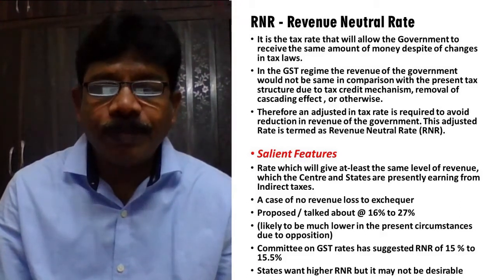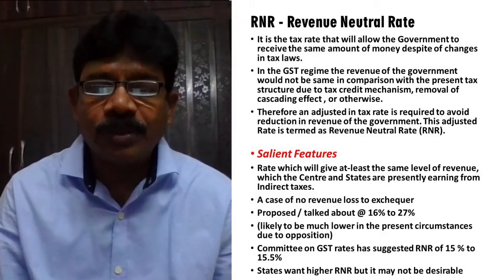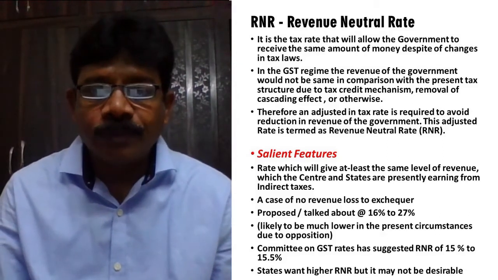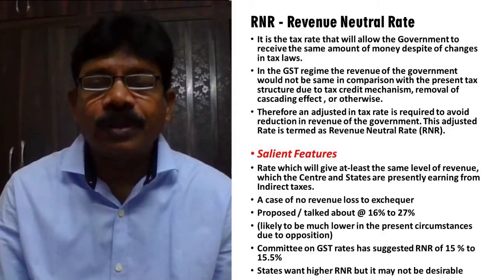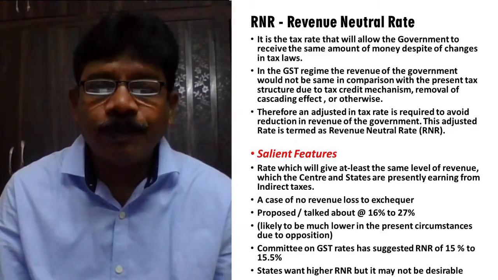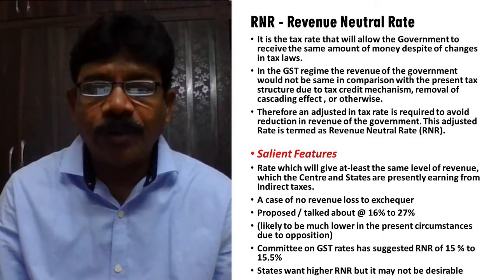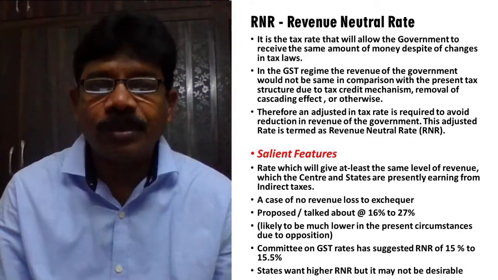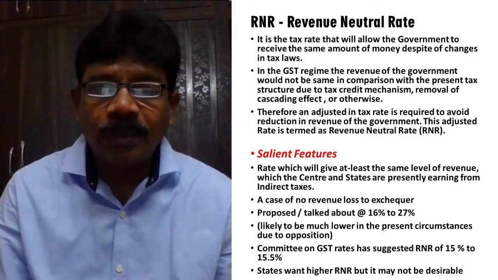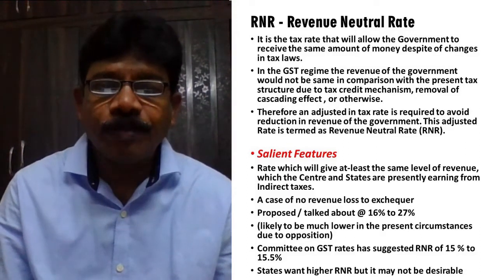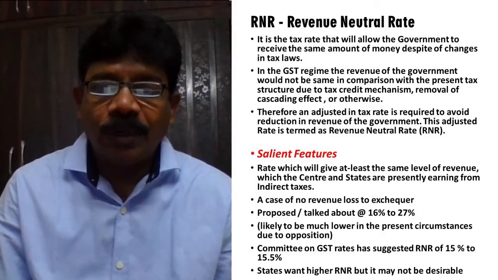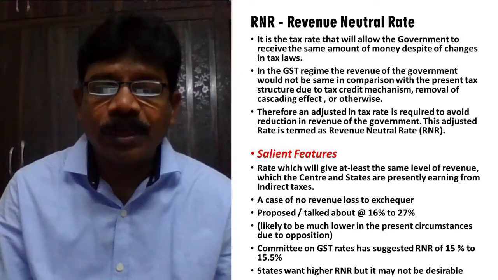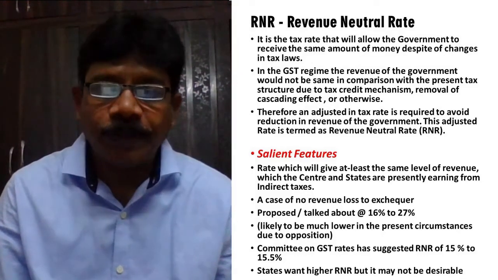The government proposed RNR in between 16 to 27%, and it is likely to be much lower in the present circumstances due to opposition. Many people opposed the government when they proposed this RNR of 16 to 27% because of Indian conditions. Indian people cannot bear taxes at that level. And the committee on GST has suggested 15 to 15.5%.